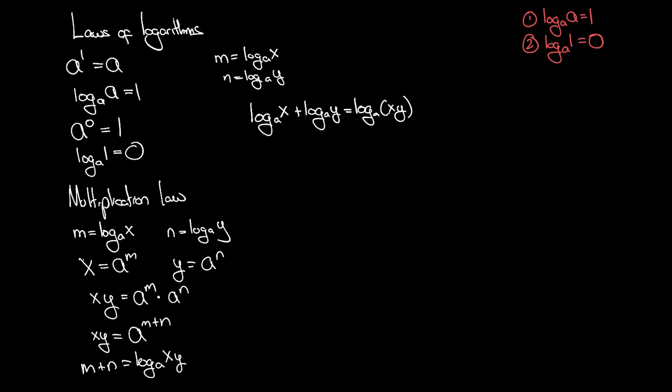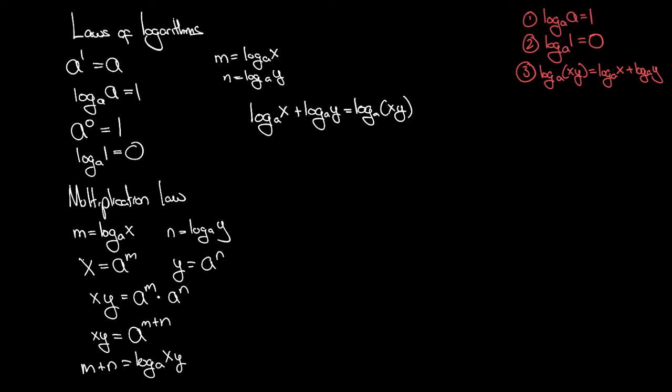So that takes care of our third rule, which says that the log base a of xy is the same as the log base a of x plus the log base a of y. Once again, tying into the fact that these two share a very intimate relationship with each other. They're inverses of each other.